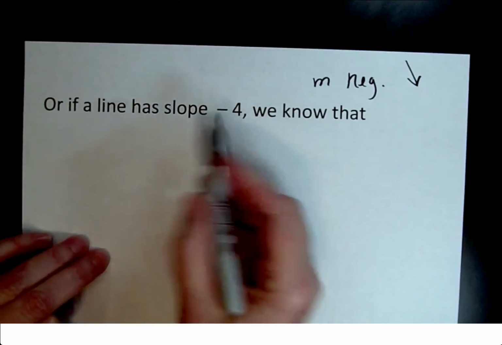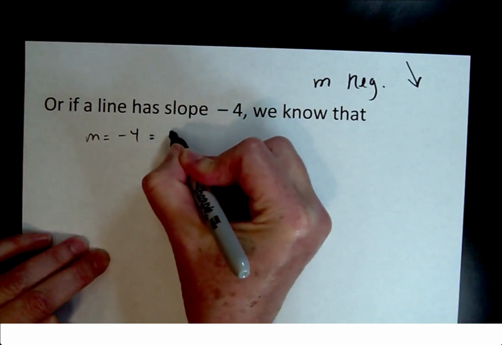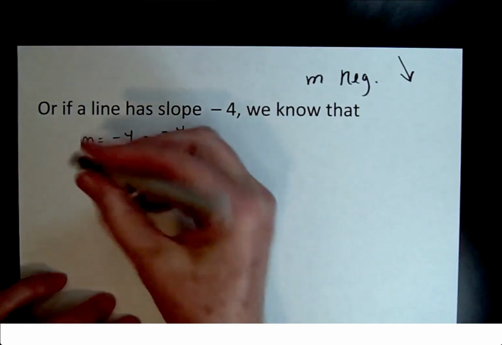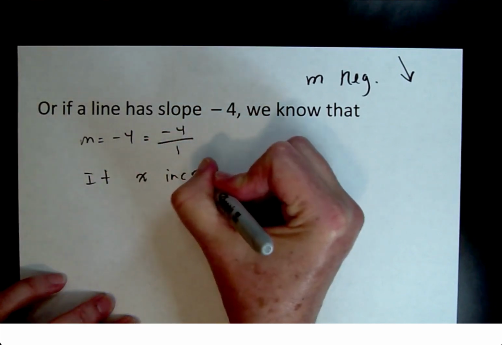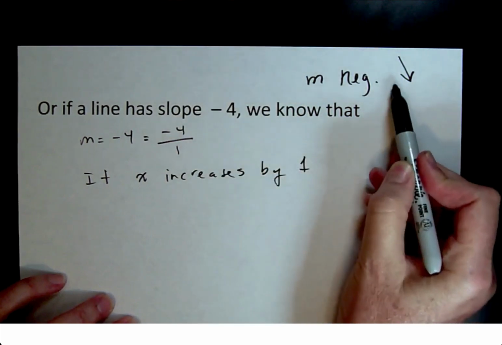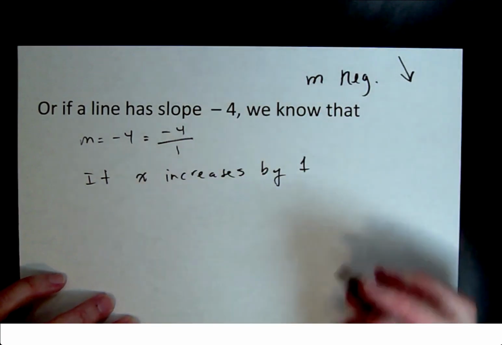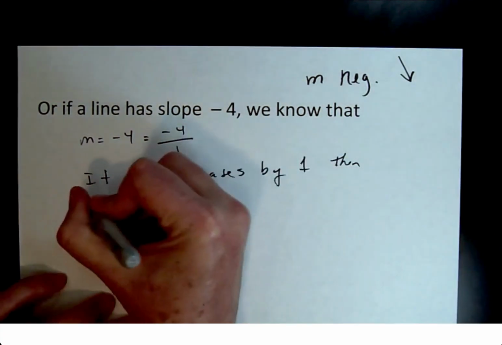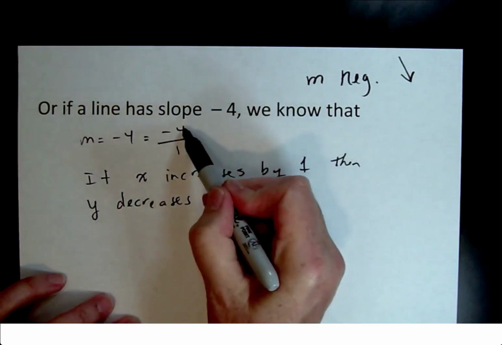So if a line has slope -4, let's rewrite that as -4/1. We can see that if x increases by 1, so you go to the right 1 unit, then y is going to decrease. You're going downhill. Y decreases by how much? By 4 units.